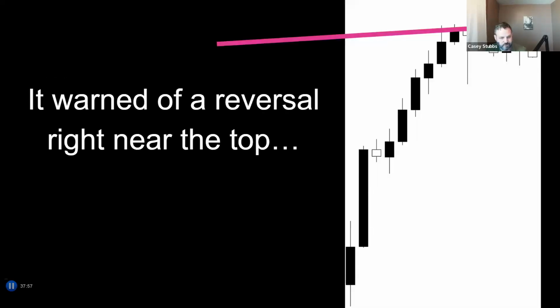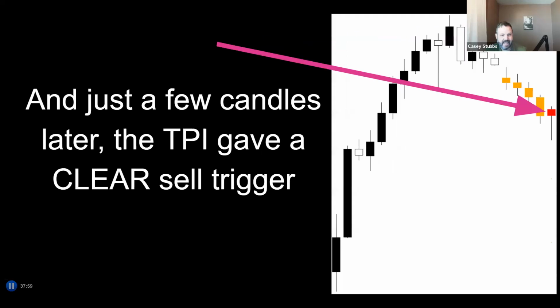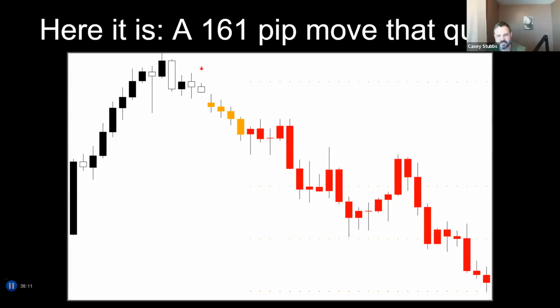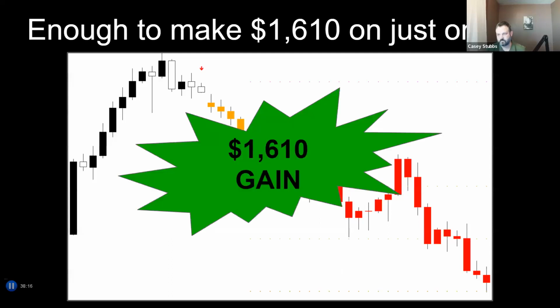It warned of a reversal right near the top. And just a few candles later, the TPI gave a clear sell trigger. And sure enough, the New Zealand USD charged straight down from there. Here it is, 161 pip move that quick. Enough to make $1,610 on just one lot.